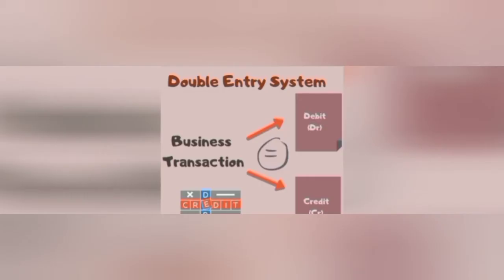In double entry system, there must be the debit side and the credit side for every business transaction, when we prepare them daily as our records in our financial book of record.